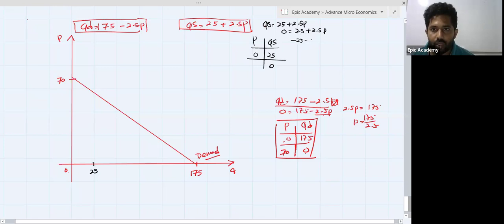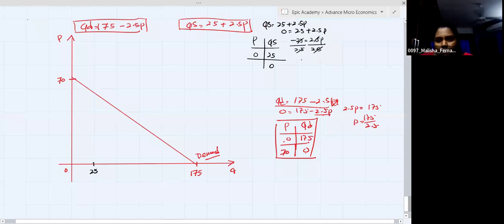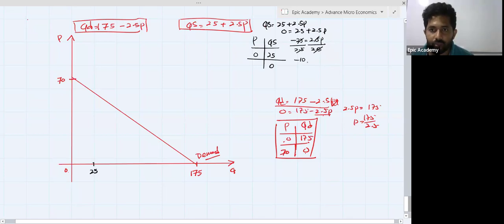Minus 25 = 2.5P. Divide both sides by 2.5. Minus 25 divided by 2.5 is 10, and because this is a minus value, the P value is minus 10.